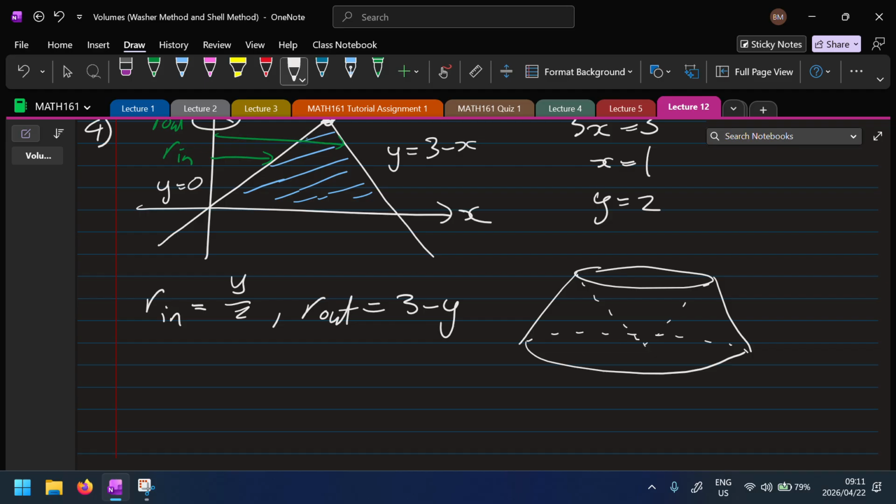So it will look like that. Those two triangle bits on either side will be solid. So all of this bit here is solid, and that upside down cone in the inside part there is the hollow space.